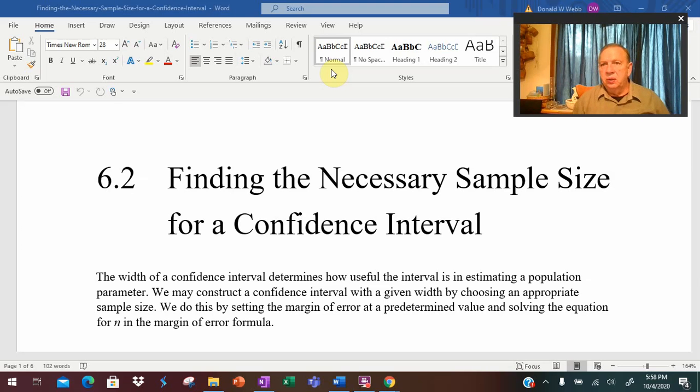You know how tight you want this to be, and you're asked to find the sample size that would give you that. So the bigger the sample size, the more accurate you can be in building this confidence interval.